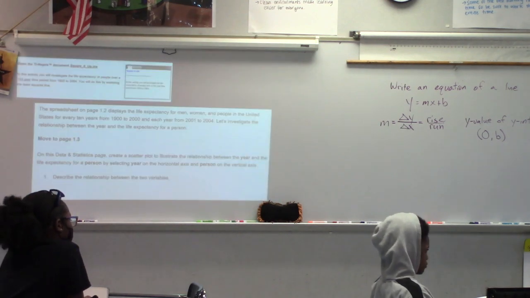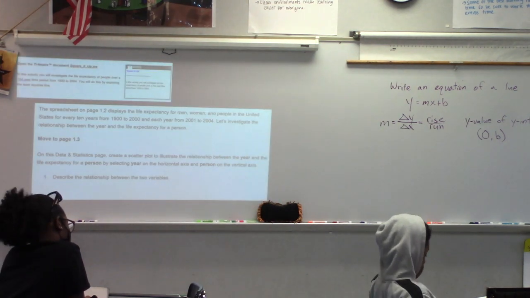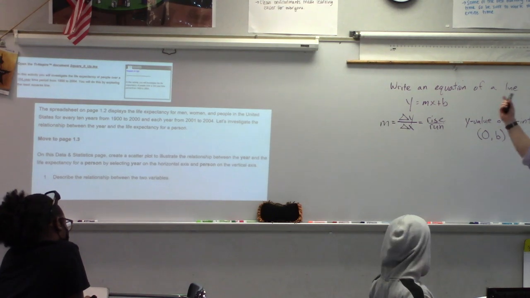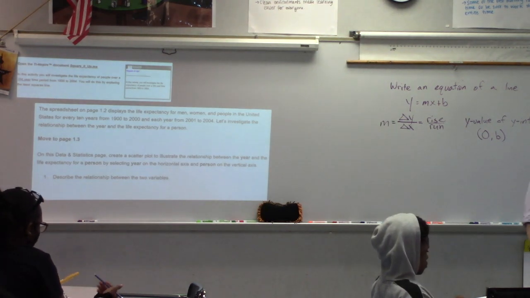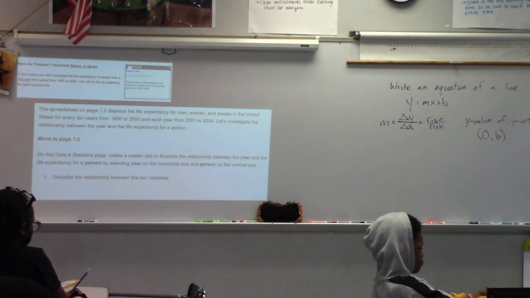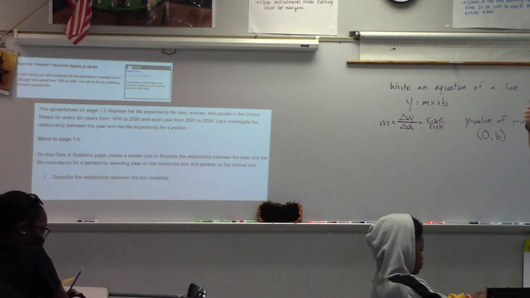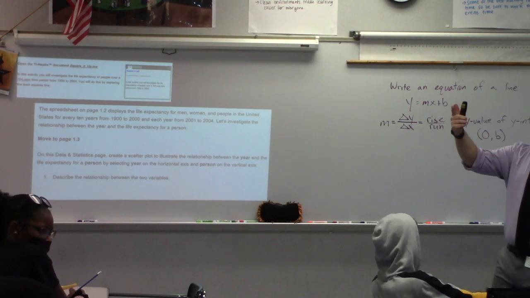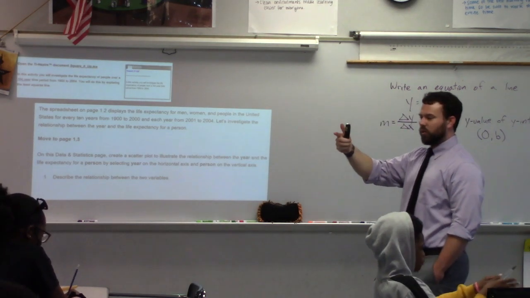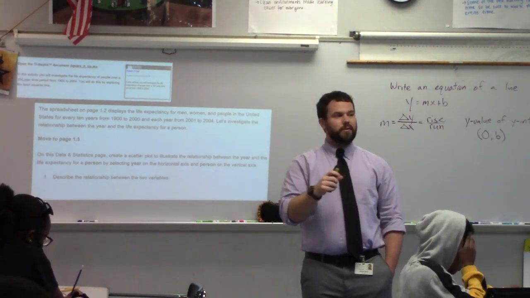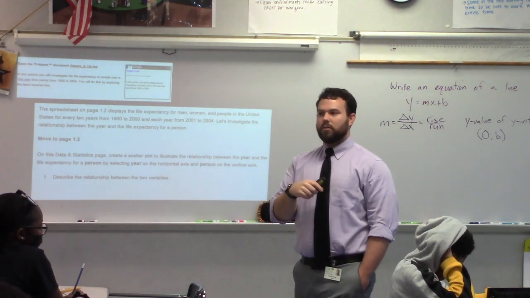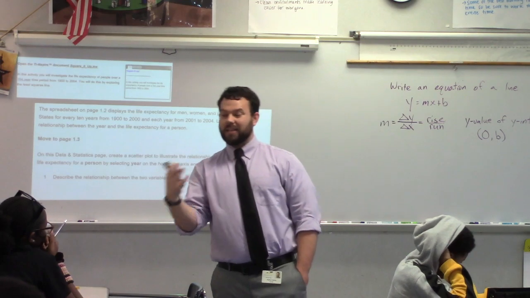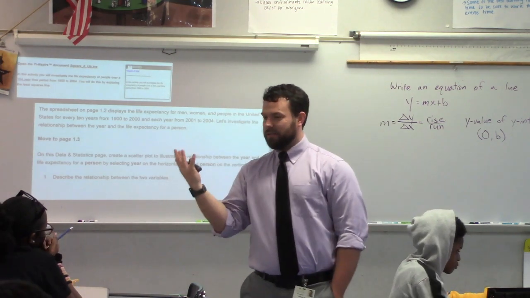So, I want you to continue. I actually already answered number one. So write your answer to number one. What's the relationship between those two variables? As the years increase, the life expectancy also increases. At what kind of rate? With what kind of shape? With a linear, with a positive linear slope.